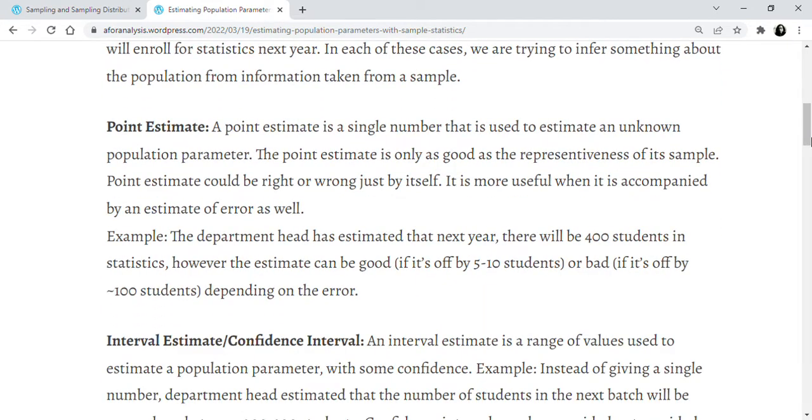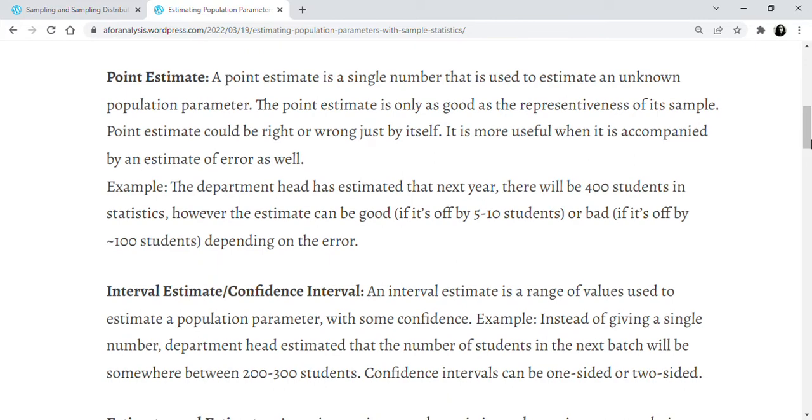Now let's look at a few of the terminologies which we will use. First is point estimate. A point estimate is a single number that can be used to estimate an unknown population parameter. The point estimate is only as good as the representativeness of its sample, of course. If the sample is not good enough, how can we expect whatever we do after that to be reliable?